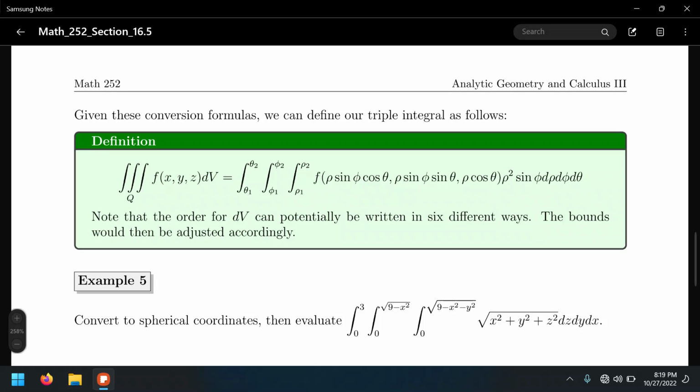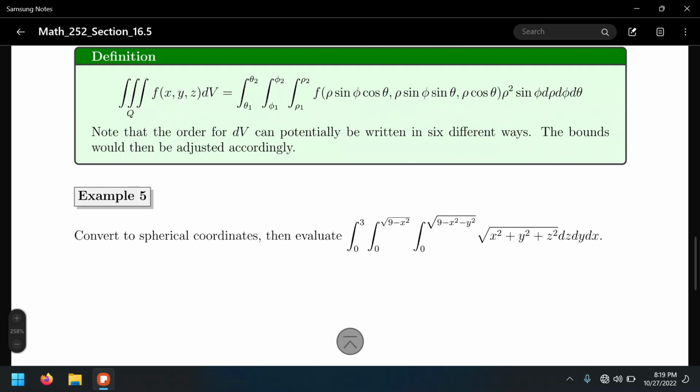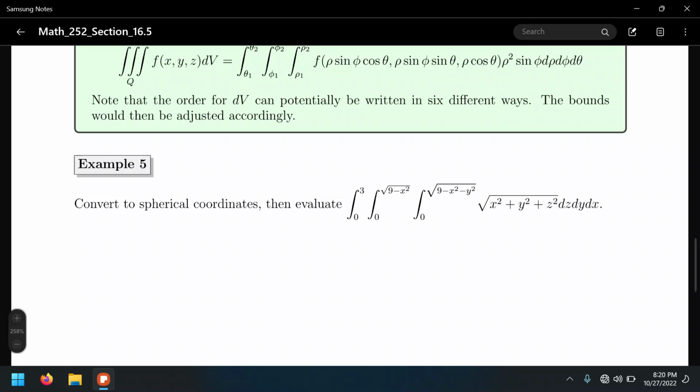All right, so how about we set up some integrals in spherical coordinates? Convert to spherical coordinates, then evaluate the integral from 0 to 3, integral from 0 to the square root of 9 minus x squared, integral from 0 to the square root of 9 minus x squared minus y squared of the square root of x squared plus y squared plus z squared. Well, number one, try to evaluate the integral as is.